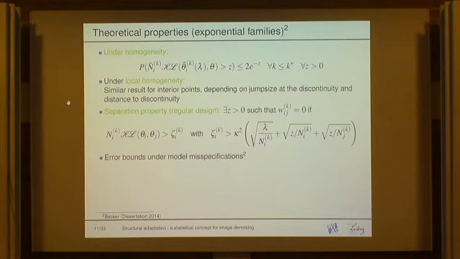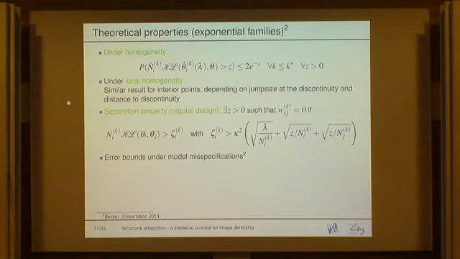Okay, theoretical properties. Under homogeneity, the probability of the statistical penalty exceeding a certain value set can be bounded by 2 times e to the power of minus. Under local homogeneity, you get a similar result for interior points for the local homogeneous region.